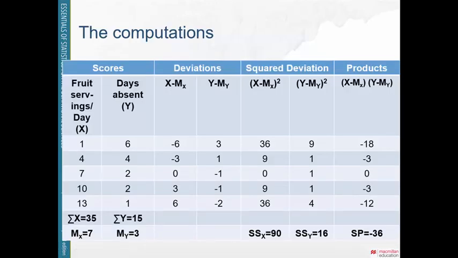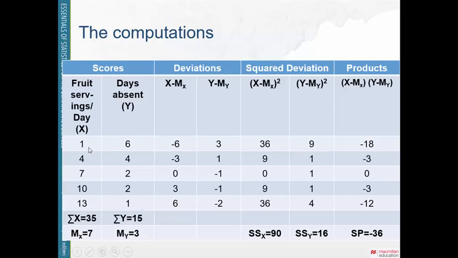All right, here are the computations. So fruit servings a day, the average was 7. Realizing this probably should say per week, because I don't know how many people eat 13 fruits a day. Anyhow, the average was 7. Days absent, the average was 3.